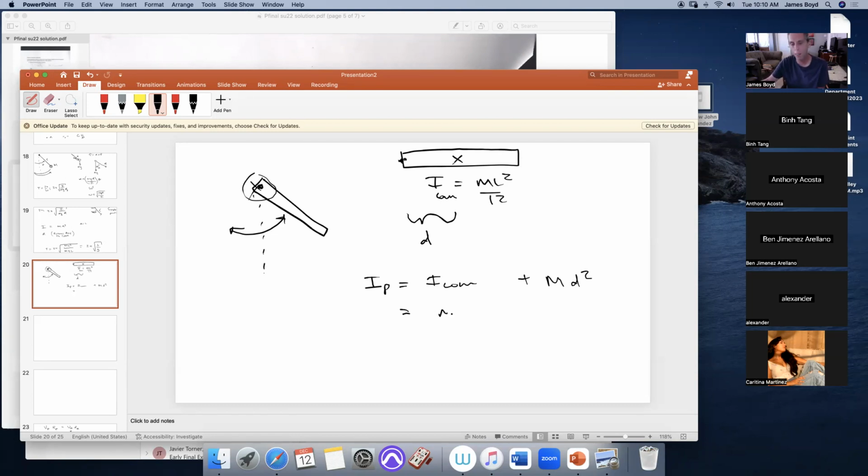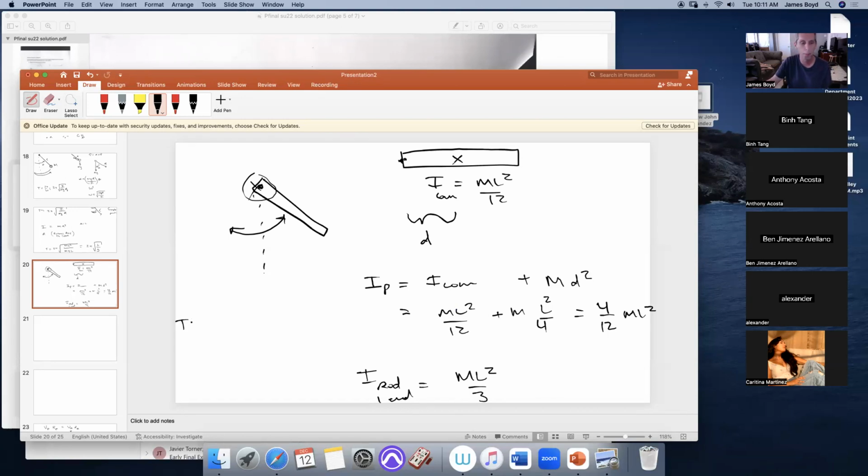So for a rod, mL squared over 12, and then we move it L over 2. So this is L over 2 squared, or L squared over 4. If I multiply this by 3 over 3 so that I have common denominators, this would be 4/12 mL squared, so I for a rod about one end is mL squared over 3.